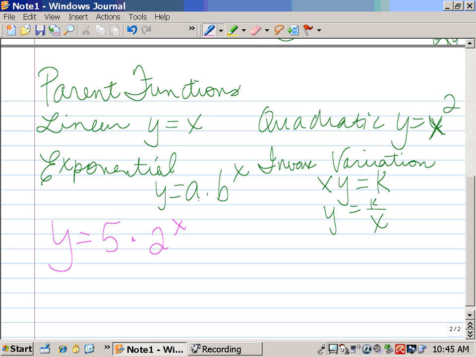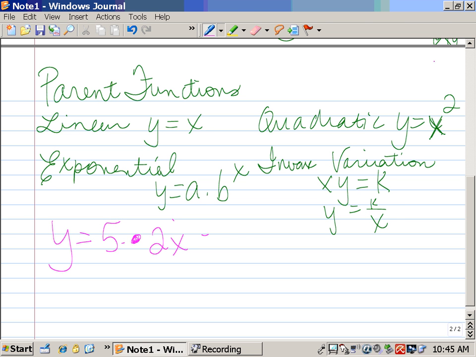Exponential growth. Okay, now if I take this and change this and this to a plus and an x, what is that? That's linear. If I put a 2 right here, quadratic. Okay, I'm trying to kind of play with some things here. What happens if I change that to a times sign?